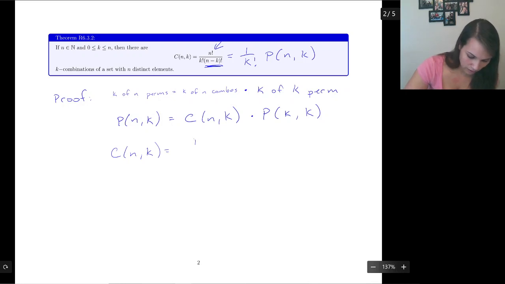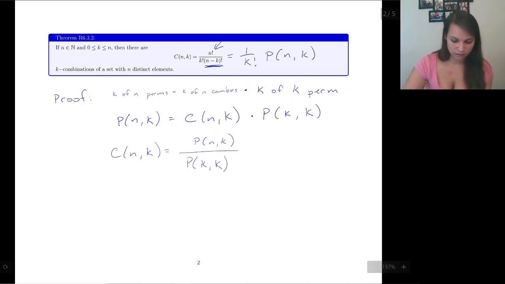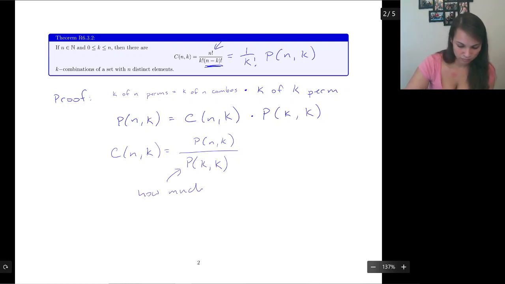So we have P(n,k) over P(k,k), where the P(k,k) is just how much overcounting was done. That's all that term means.